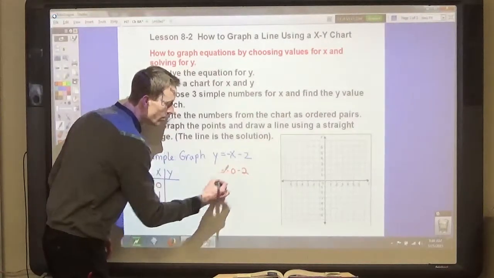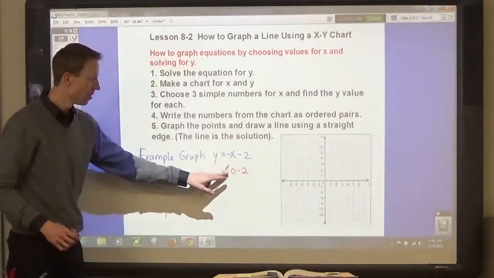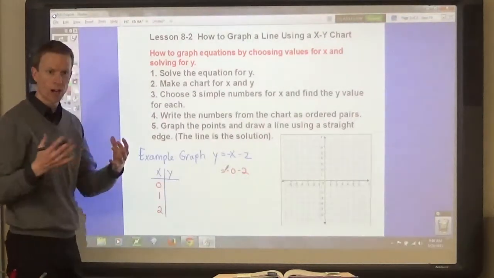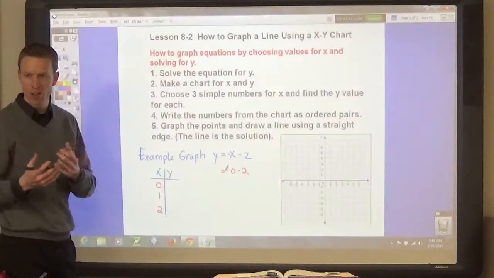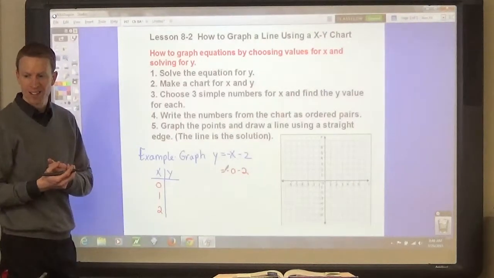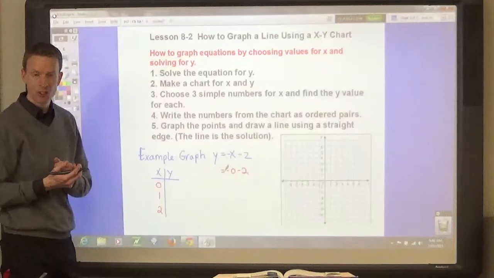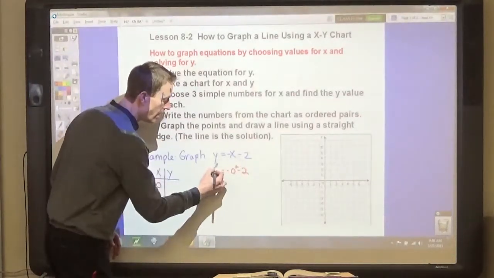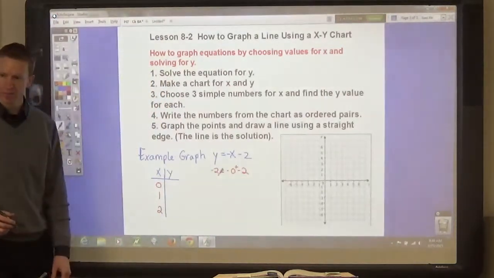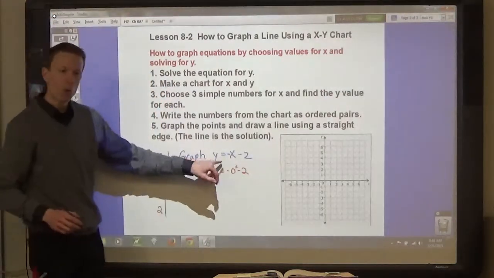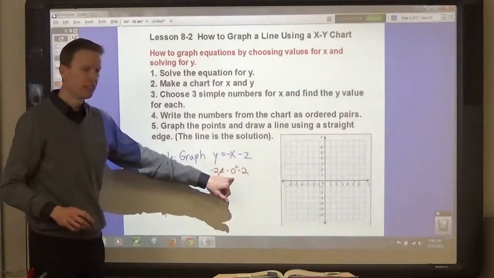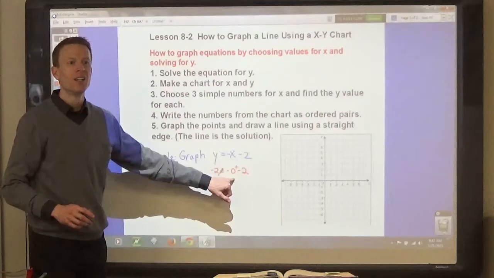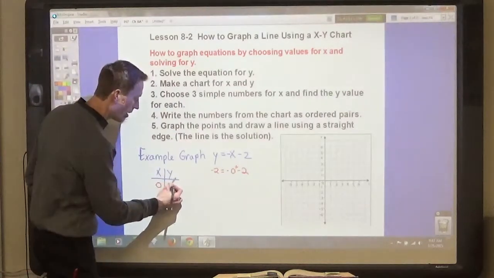What does that equal? 0 minus 2 equals what? Negative 2, right? 0 plus negative 2 is negative 2. So in this equation, when x is 0, y is what, Noah? Y is going to be negative 2. So that's what you put next to the 0.